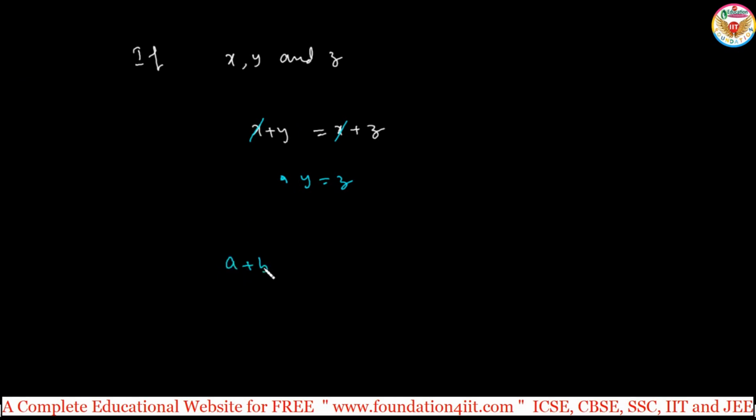In the same way, if a plus b is equal to b plus c, here we can cancel b, then a is equal to c. Right? Even x plus 8 is equal to 5 plus 8. As per the cancellation of whole numbers, you can cancel plus 8 on either side, then x is equal to 5. Right? These are the main properties.